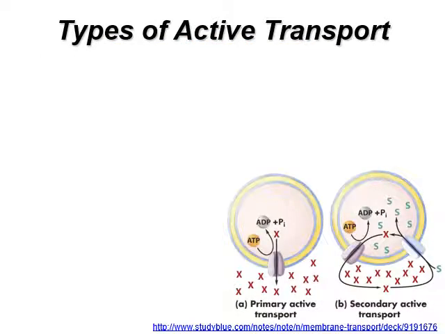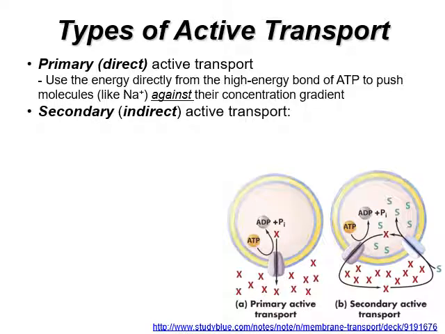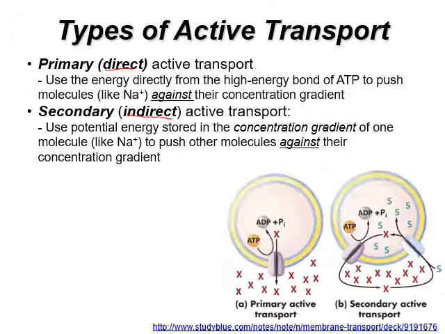So let's look here at the difference between primary and secondary active transport, or you can say direct primary, indirect active transport. Here is primary. The key with primary is the protein that is doing the transport, moving.